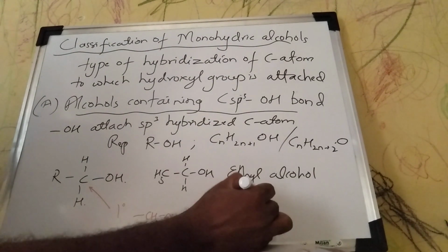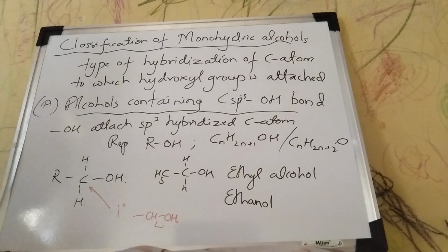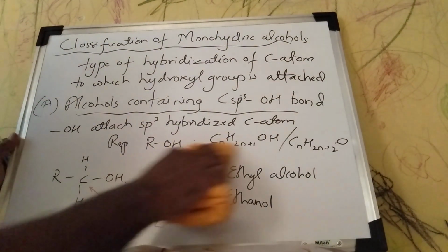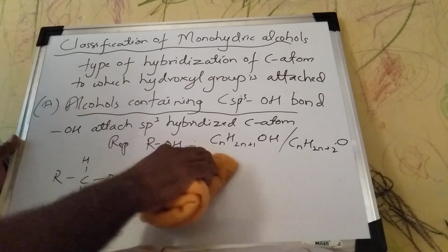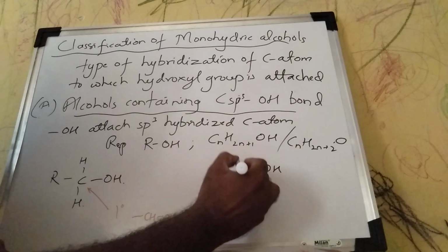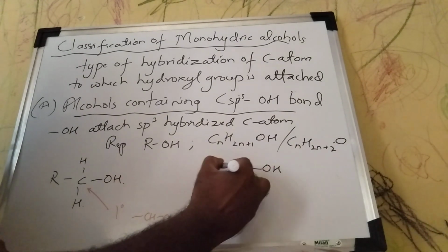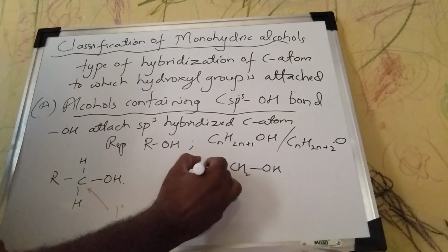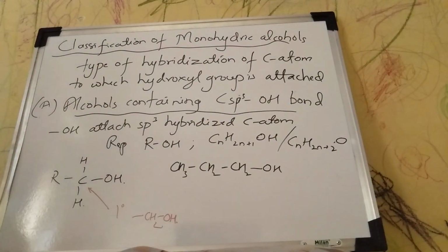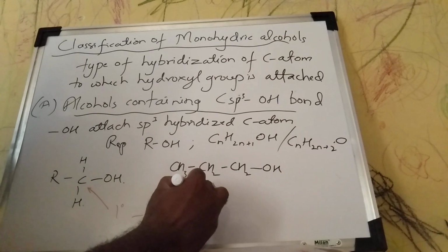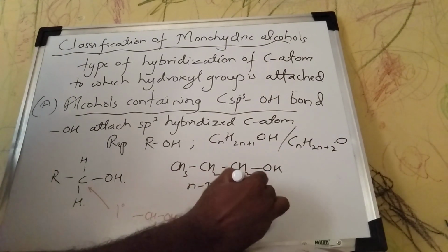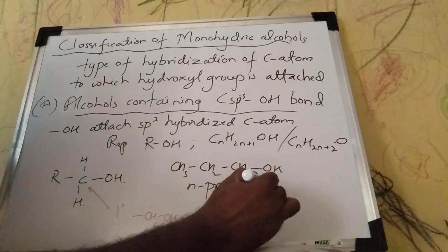The E is removed, you add OL, ethanol. Next, we'll take another example of primary alcohol. Three carbon atoms in a straight chain. Straight chain means n. Three carbon atoms means propyl alcohol.